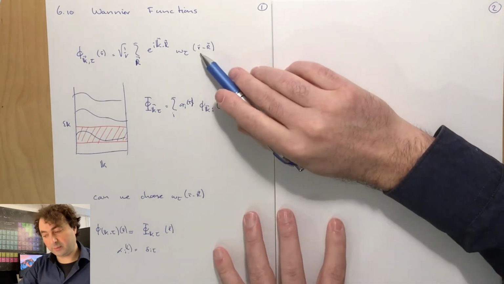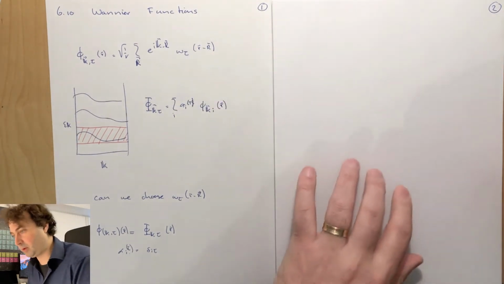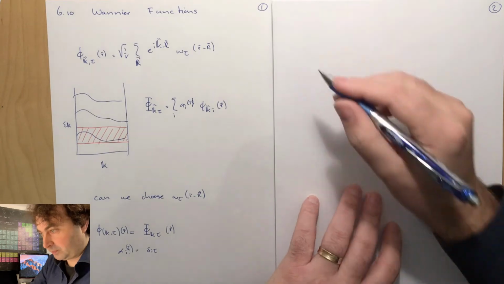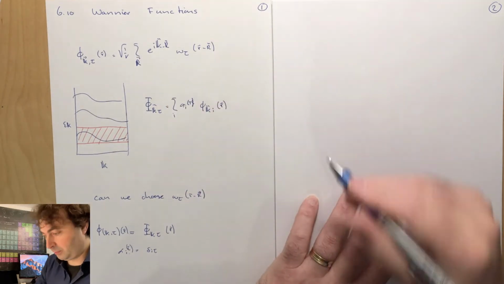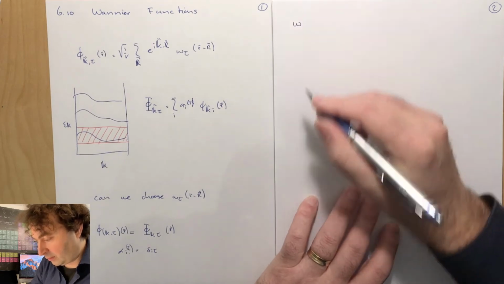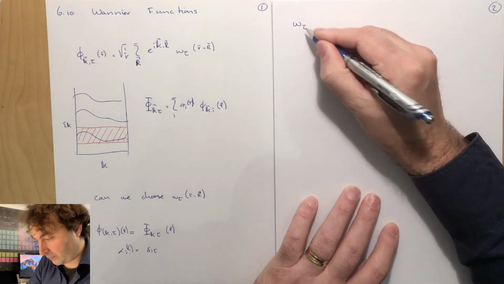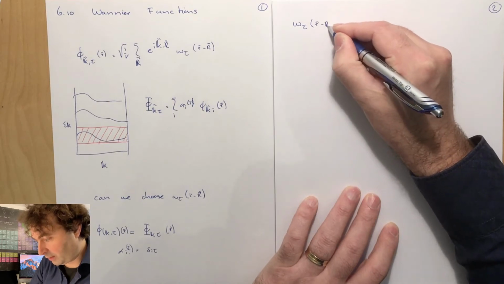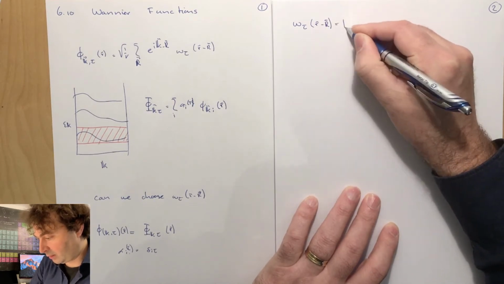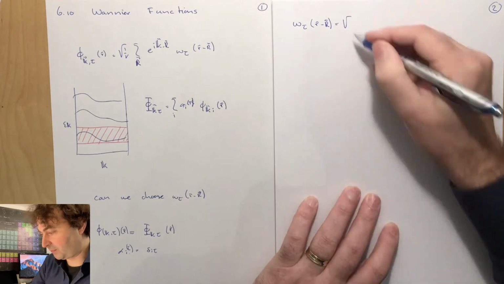What we have here is very similar to a Fourier transform. So we can use an inverse Fourier transform to get back to our local wave functions, which we will now call Wannier functions, from the band eigenstates.